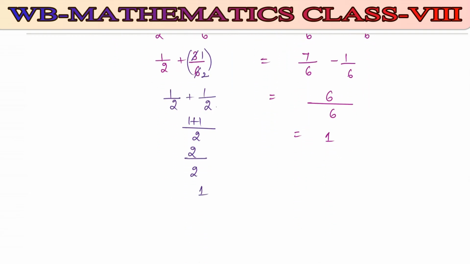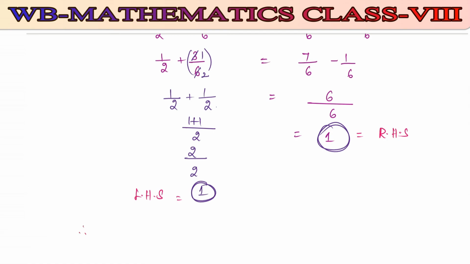Now if you look at this, when we simplify the left-hand side we get 1, and on the right-hand side we also get 1. So the left-hand side and right-hand side are equal, and when they are equal, it satisfies the associative property.